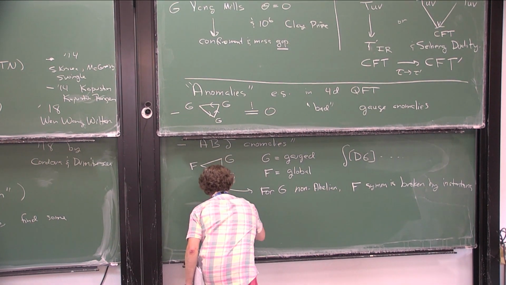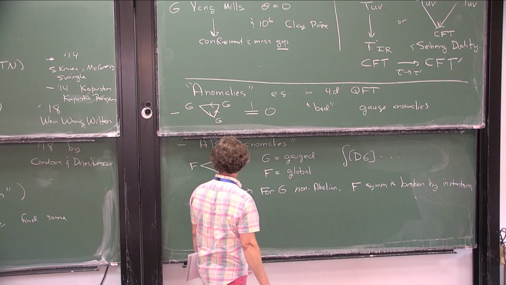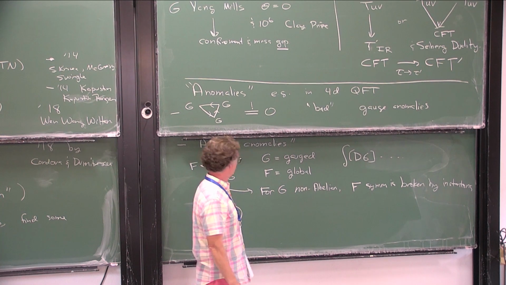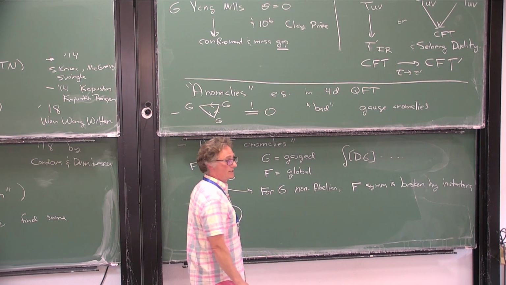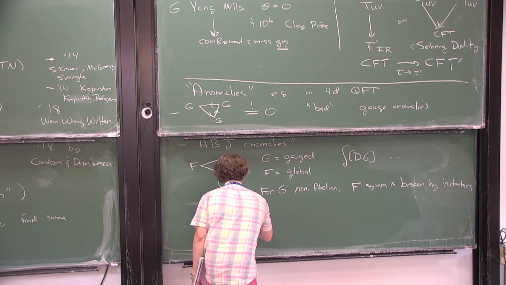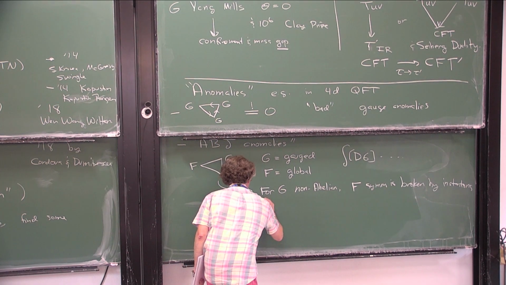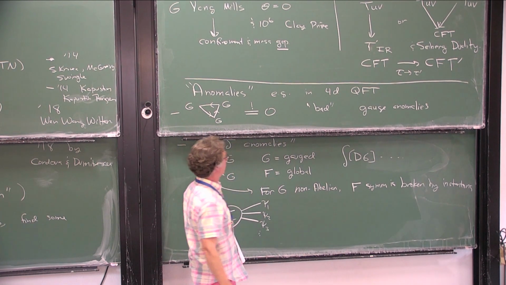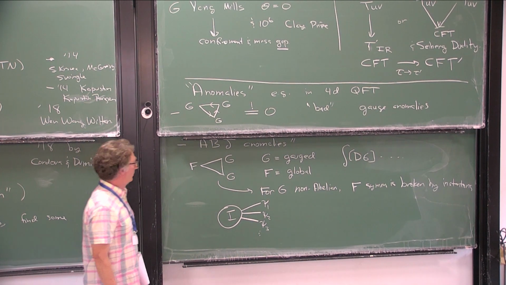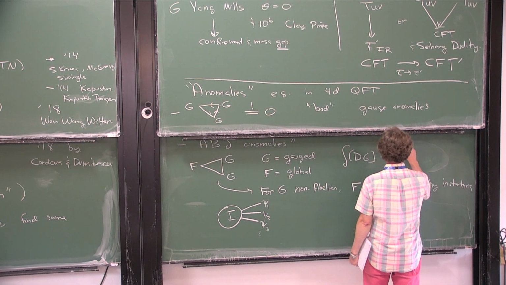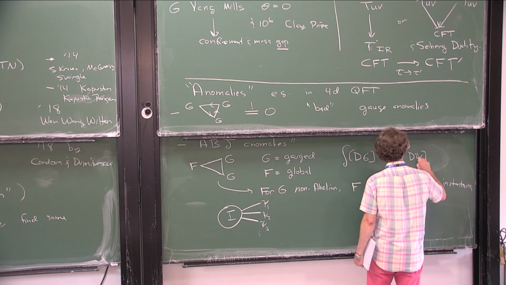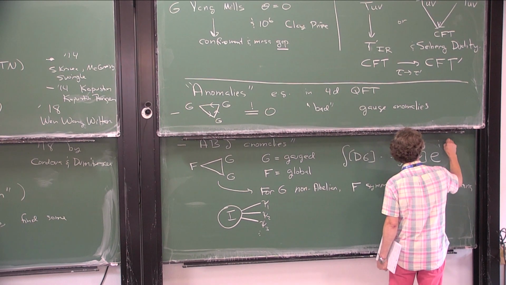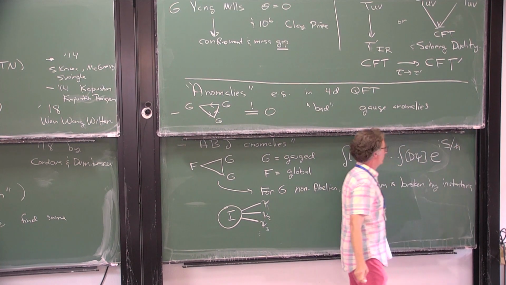So what happens is that if you look at an instanton, so this is supposed to be some picture of some kind of instanton configuration of the gauge fields. The Dirac operator has Fermi zero modes, and so we should think about attaching these Fermi zero modes to the instanton.